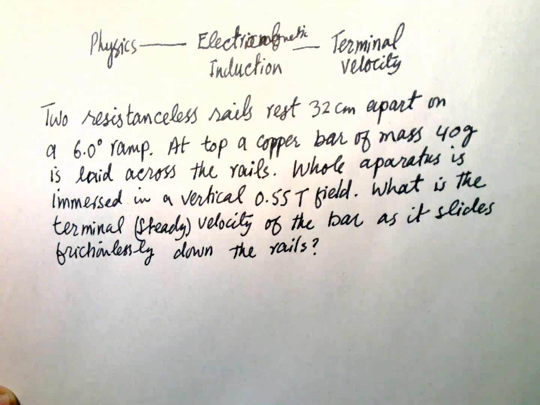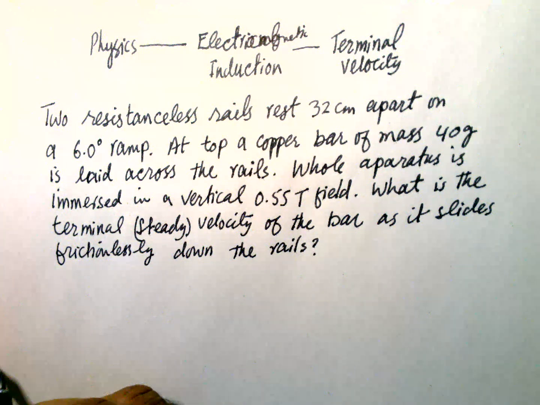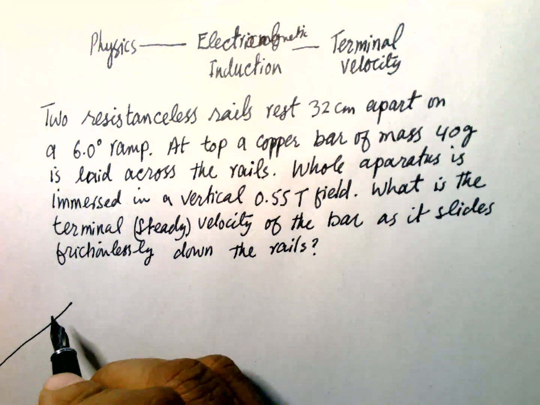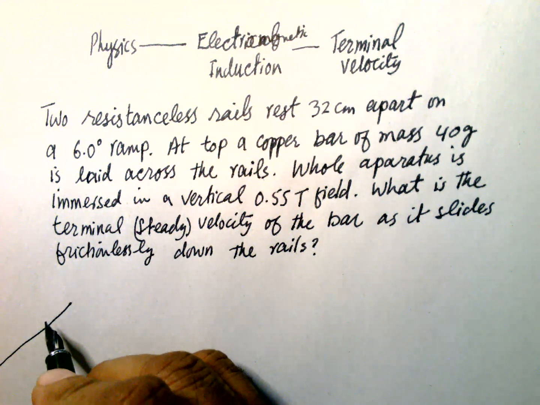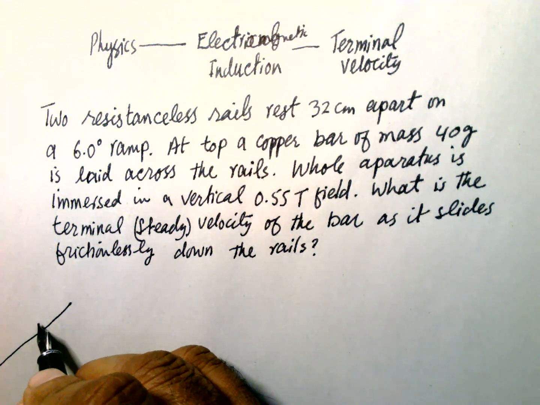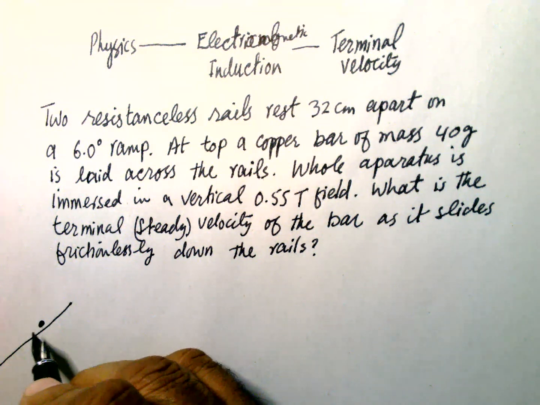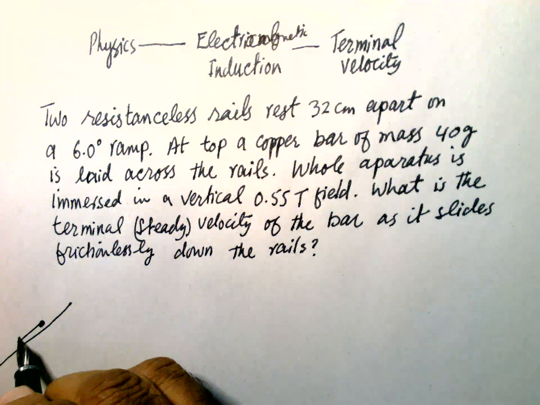So the bar is moving downward. This is the two ramps, and there is a mass. This is a mass, and it is moving downward.